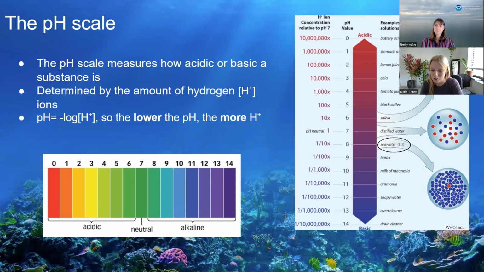And then your more basic solutions like oven cleaner and drain cleaner, there's less hydrogen ions and more hydroxide ions. And when we look at seawater, seawater has a slightly basic pH reading of 8.1, and that'll be important in understanding what ocean acidification is and how it impacts the ocean.